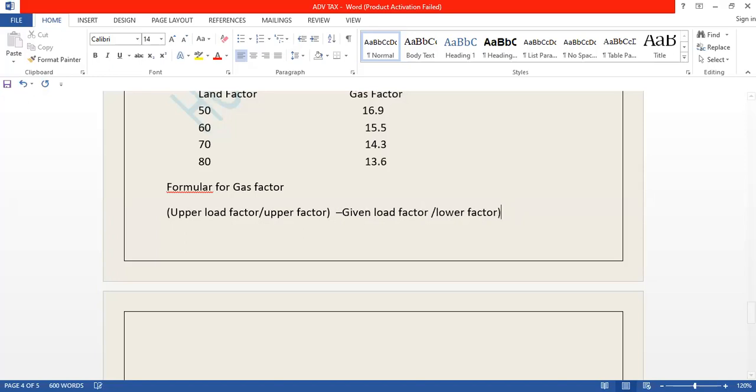So I'm going to put these 2 in bracket as well. So with this, you are good to solve any question under load factor.